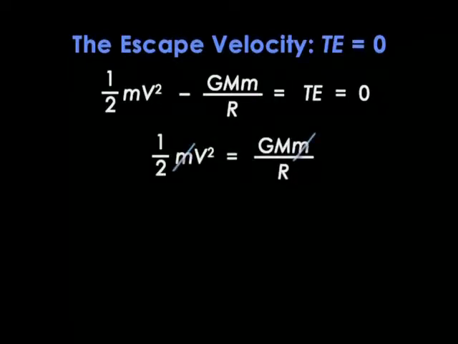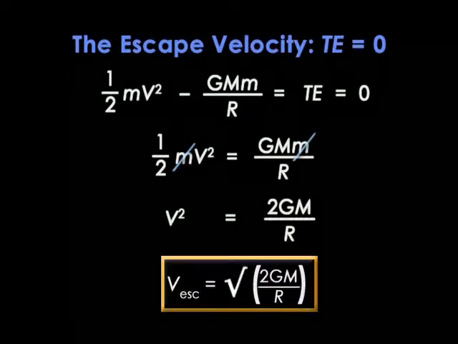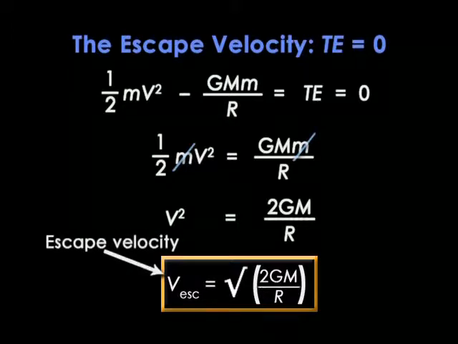Let's cancel the little m's, bring the half across to get v squared equals 2GM over r. And then let's take the square root of both sides. Notice I've now called this v escape, the escape velocity. It's the critical speed I must launch the rock if it's not going to come back down again.